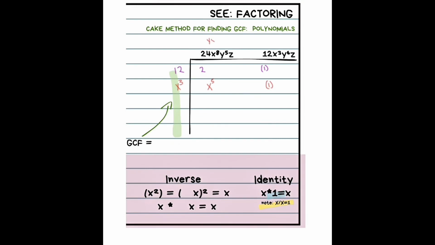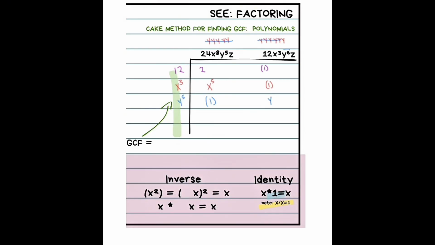Now for y's, we've got 5 y's on this side, and 6 on this side. So you can see we can pull out y⁵ from both of them. When we take out 5 copies of y, we just have a times 1.